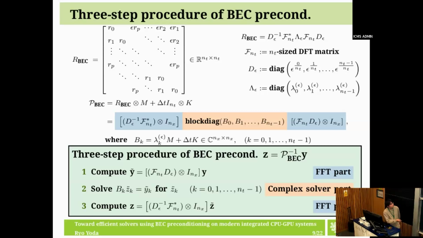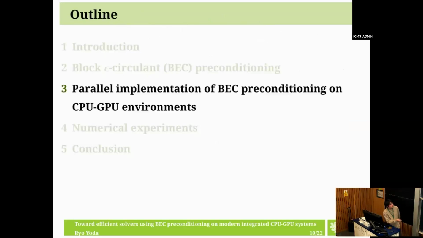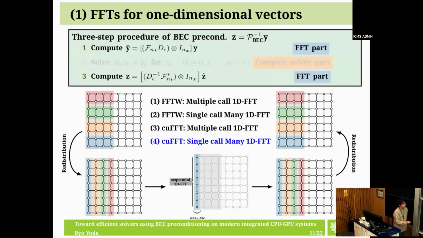From the next section, let me consider how to implement the BC production steps, the FFT part with the complex solving part, in our CPU environment. Firstly, let me consider the data distributions.